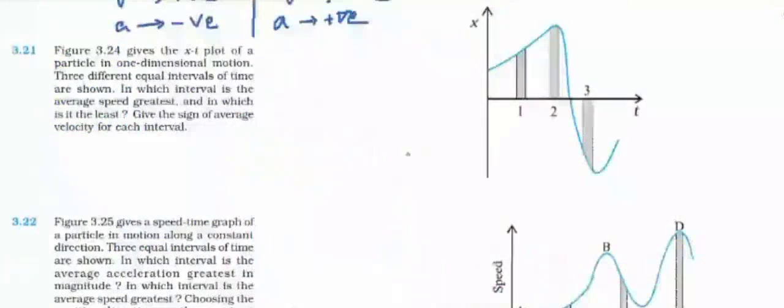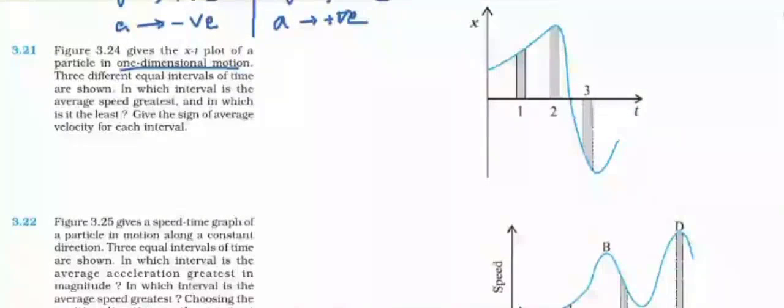Next, question 21. A graph is given. It's a position-time graph for one-dimensional motion of a particle. In this case, three intervals are given, and when we observe them, we can see equal intervals, meaning the time is the same for all three cases.